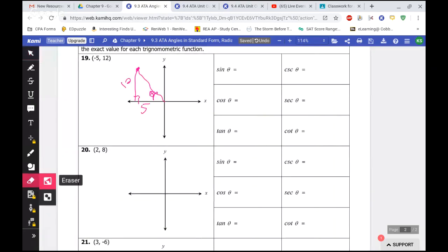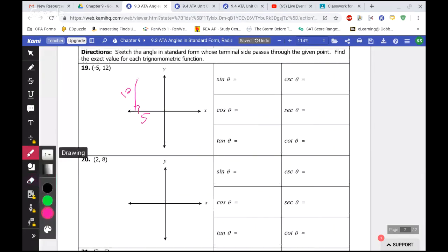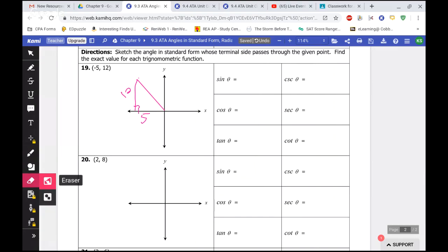Maybe I should try that again so that it looks a little better. That looks better, don't you think? Yeah. Okay. So there's my reference angle and there's my theta, sort of. It's not much better, but that's theta.